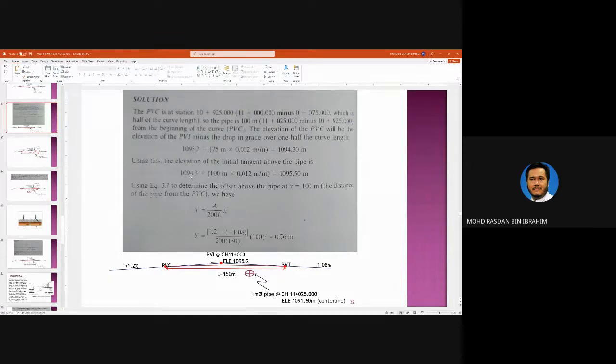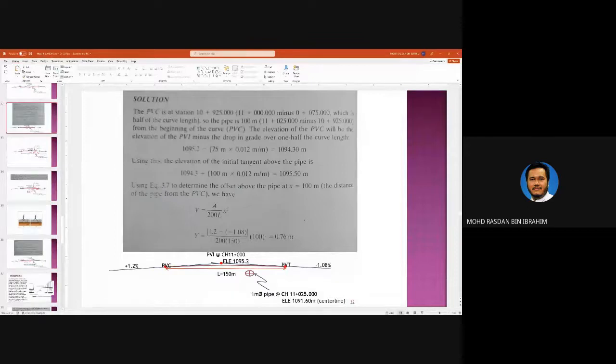Using this, find the elevation of the initial tangent above the pipe. Starting from PVC here at 1094.3, you add 100 meters, the distance between PVC and the pipe, times the 1.2% gradient. It is like you are extending G1 over the pipe.